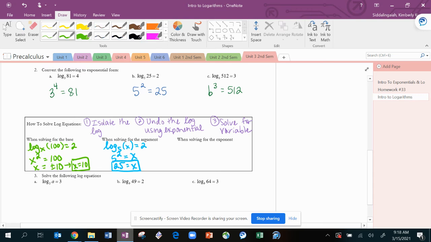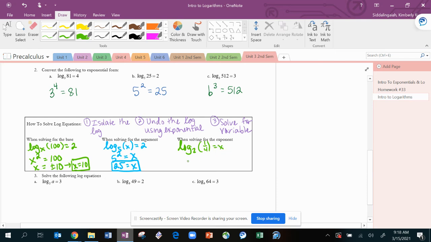And then last one, if the x is the exponent in a log, then it's going to look like this. It's going to be log base 2 of 1/4 equals x.